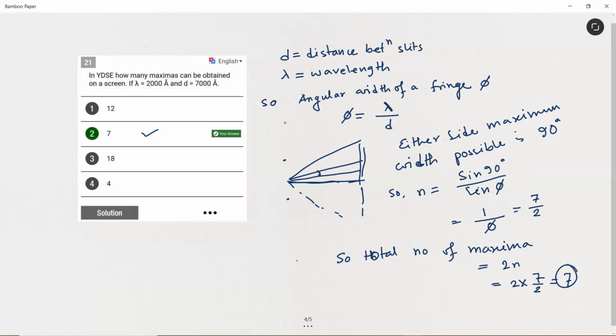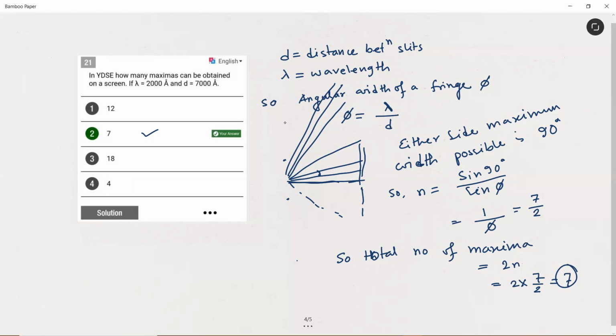The maximum possible total angular width of all the possible fringes is maximum 90 degree. If we think that the screen is infinitely long, then the total angle covered from that point will be 90 degree on both sides, upward and downward.